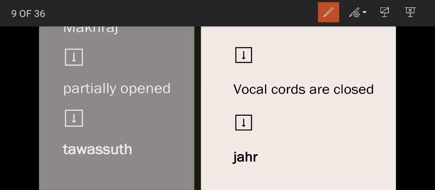Now we will see. I told you the epiglottis will push to the throat. See, this is my epiglottis and this is my throat. What happens for the ayn? This is the letter ayn. The epiglottis will be pushed almost to 90%, so that a very narrow gap is there. We can't say the makhraj is completely closed.